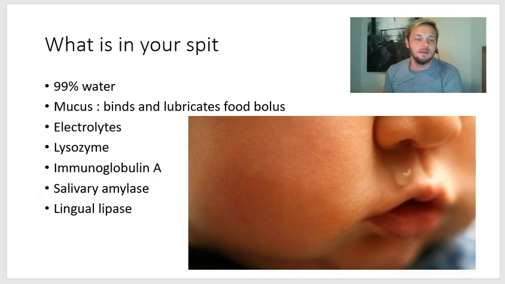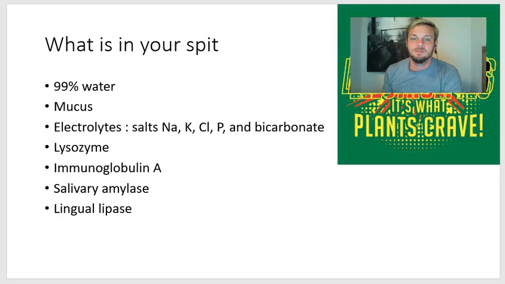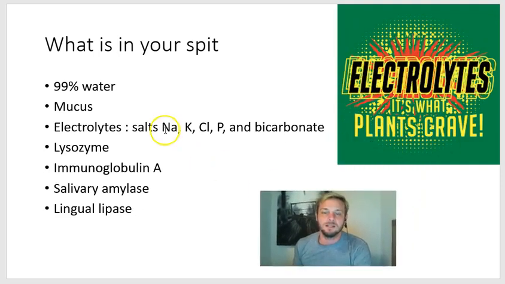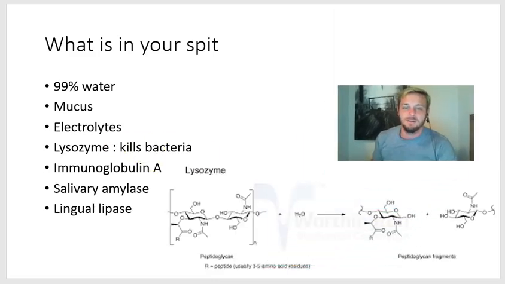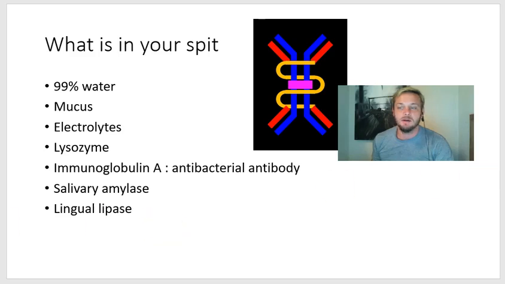And then you also have electrolytes. So salts like sodium, potassium, chloride, phosphate, and bicarbonate. You have lysozymes. These things kill bacteria. Very important. Here you can see a couple of them. You have immunoglobulin A, or IgA.